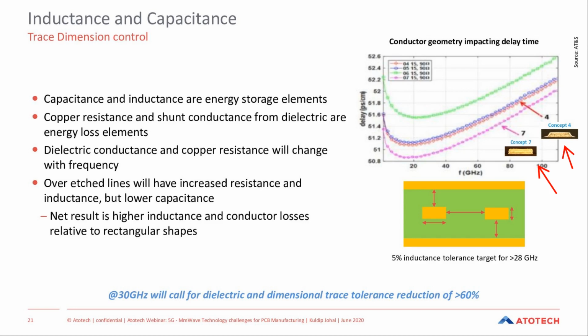So basically, what we can see is that another illustration is shown here, where if you run something at 28 gigahertz as an example, what we're seeing is fabricators are then being pushed to have less than 5% inductance tolerance variations. So this is going to be, again, another challenge. This means that we have to be 60% better than where we are today.